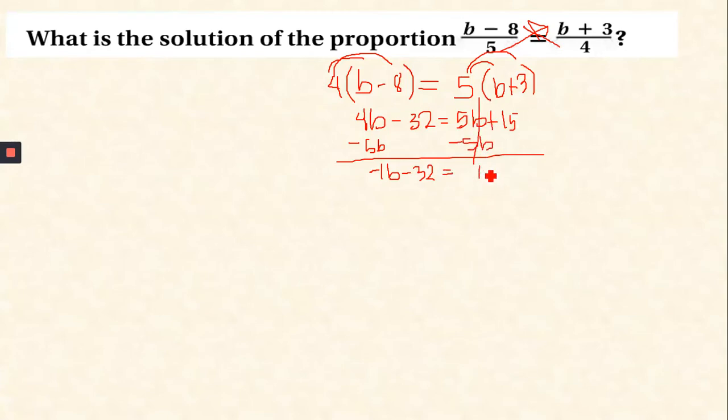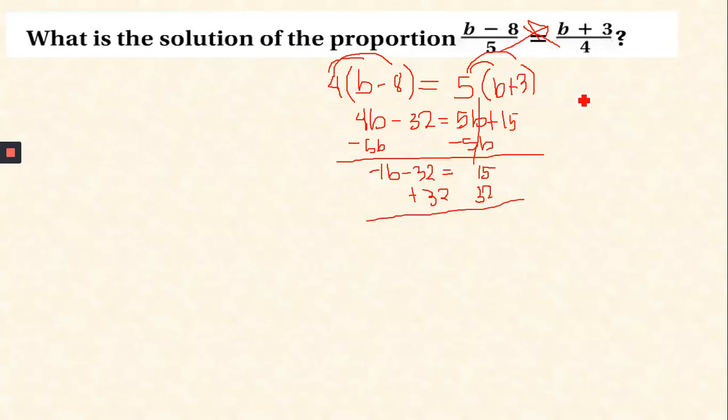Bring down 15. Then get the opposite of negative 32, and that is positive 32. Positive 32. So you now have negative b.